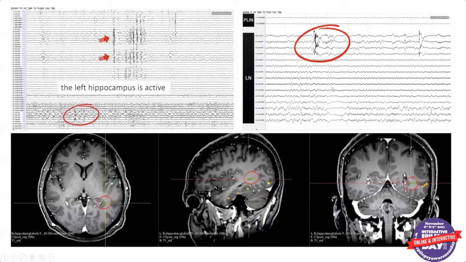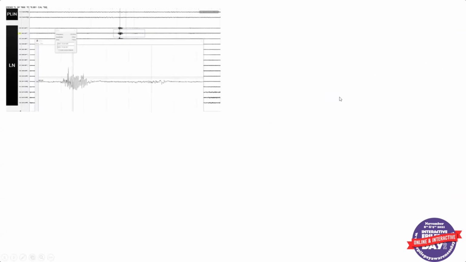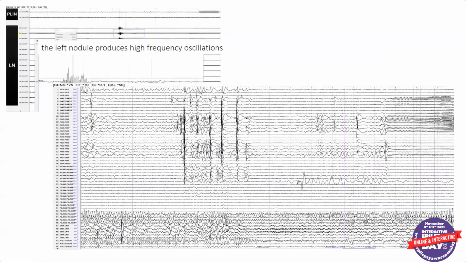So we know the left hippocampus is active, we know the left nodule is active, and we now have to wait for seizures. What is also of interest in this particular patient is that the nodule produces what we refer to as high frequency oscillations. These, in many patients, are indicative of epileptogenicity and can be a signature of the epileptogenic zones or regions of these patients.